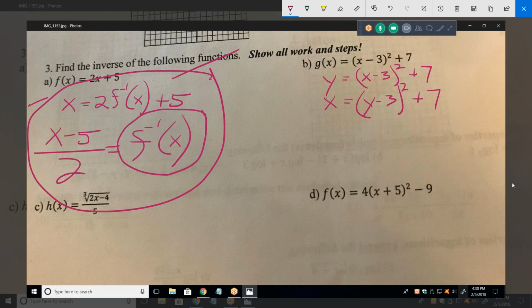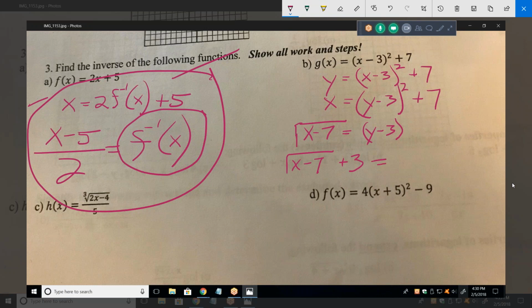First step, subtract 7. Next step, square root it. I don't need the 2, as long as I write it like that. Okay, next step, add 3. So our answer is the square root of x minus 7, and the 3 is outside the radical sign. We weren't taking the square root of 3.